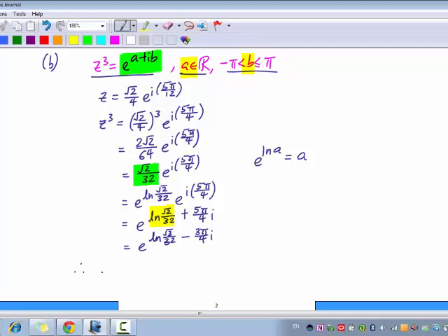Therefore, a is equal to ln of square root 2 over 32, oops, I wrote it wrongly, and b is equal to negative 3 pi over 4.